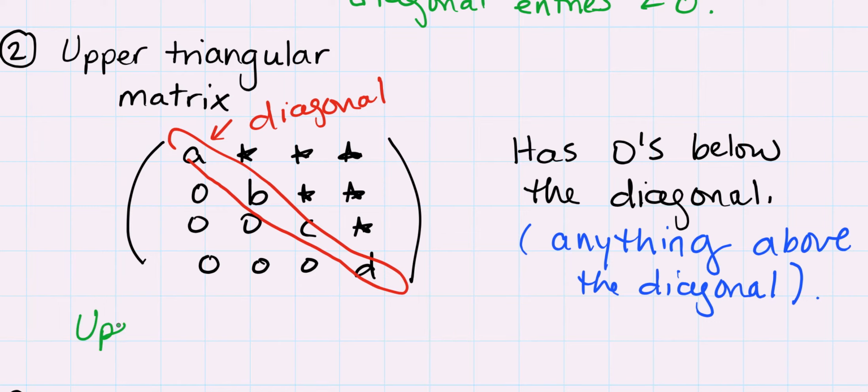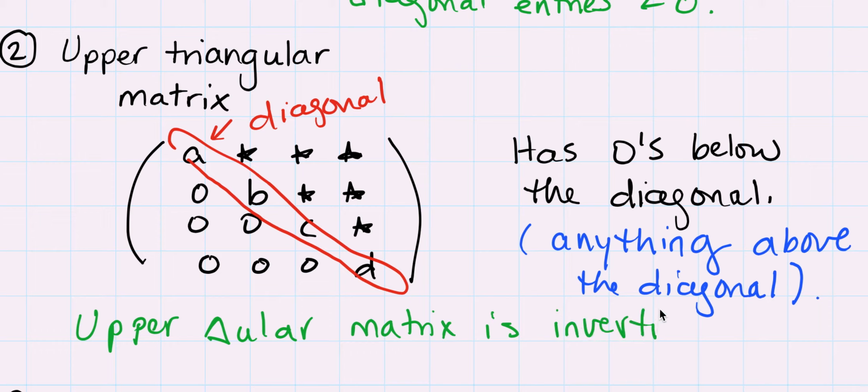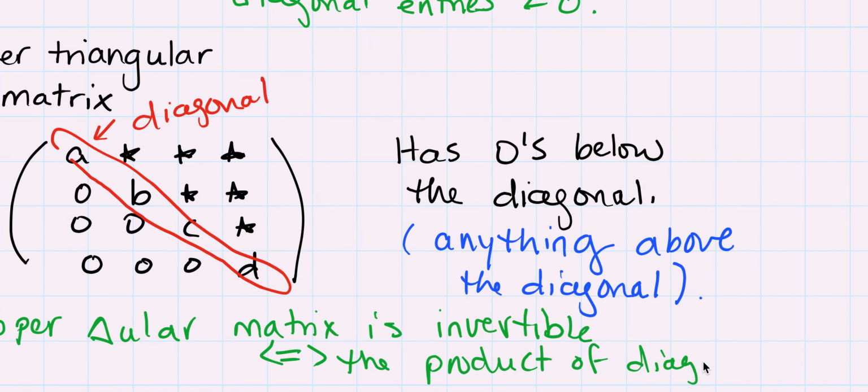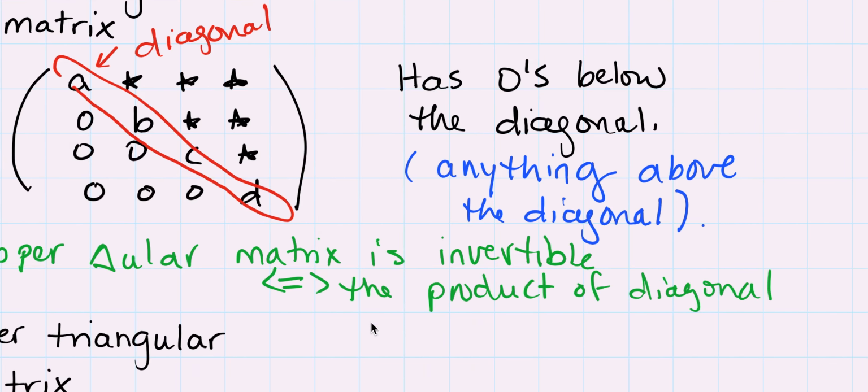So an upper triangular matrix is invertible if and only if the product of the diagonal entries is non-zero.